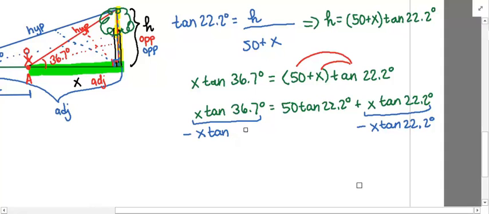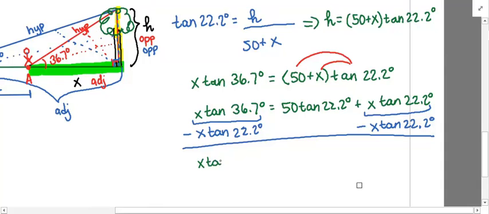All right, so let's see what this is going to give us. Okay, so let's see, I'm going to write this all out. We're going to be left with X times the tangent of 36.7 degrees minus X times the tangent of 22.2 degrees is equal to 50 times the tangent of 22.2 degrees.